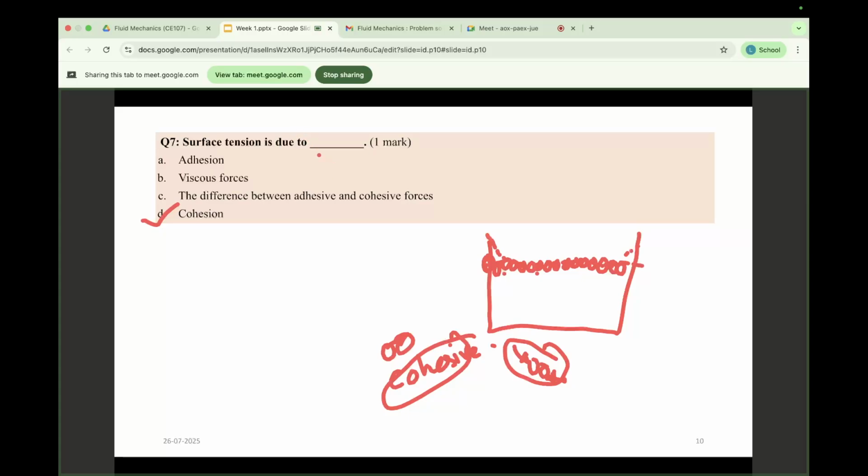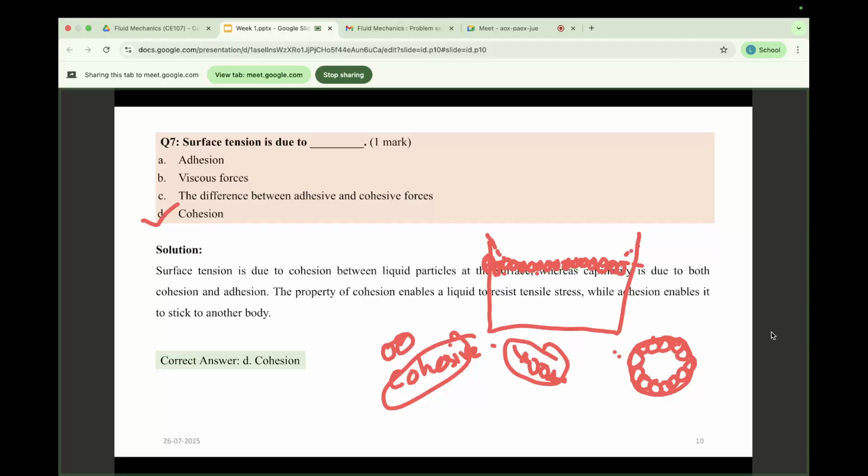Even if someone has some confusion, let us assume a spherical bubble, a spherical liquid droplet. In this spherical droplet there is no such wall, yet there is surface tension force also. How does this surface tension force come here? This is mainly because of the interaction between the same molecules, that is water. So surface tension force is mainly because of cohesion. So option D is the correct answer.